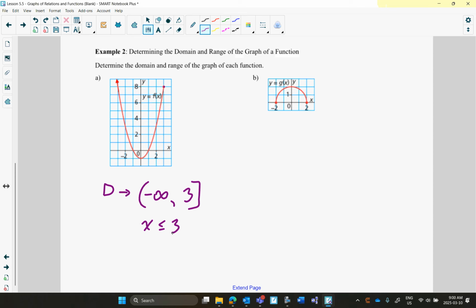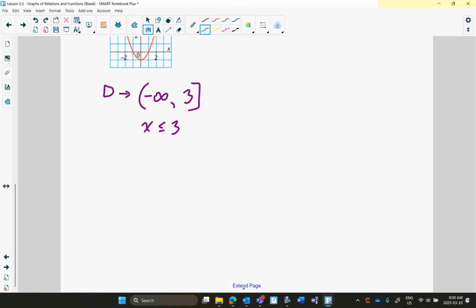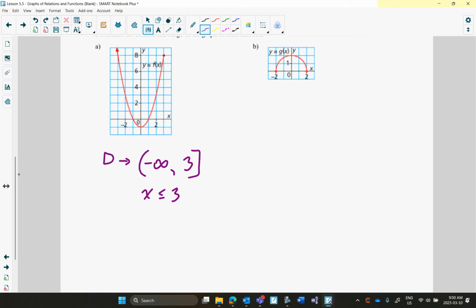Now for range, lowest to highest. Change your thinking to y coordinates now. What's the y coordinate of the lowest point on this graph? Well, first of all, we've got to locate the lowest point. Isn't it here?